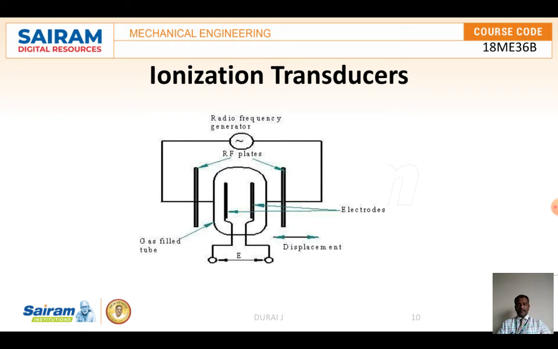Okay, so this ionization transducer consists of a glass tube and two electrodes, and the radio frequency generator impresses the field that ionizes the gas inside the tube.